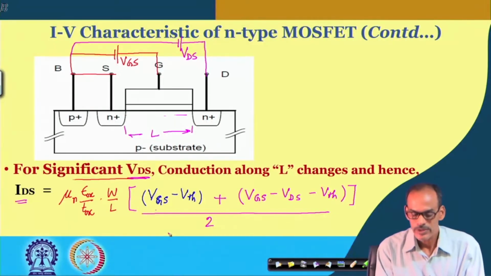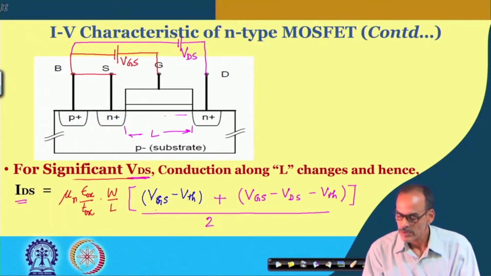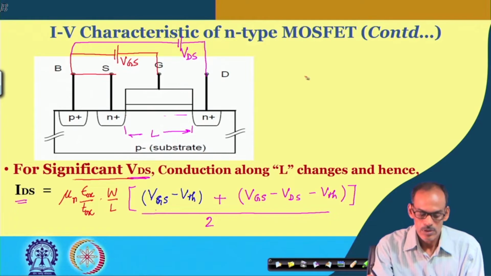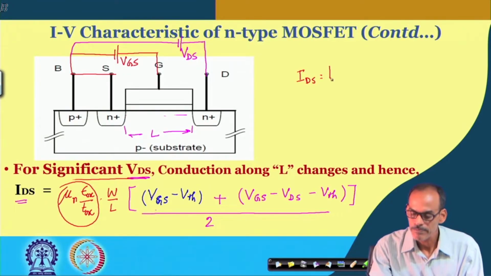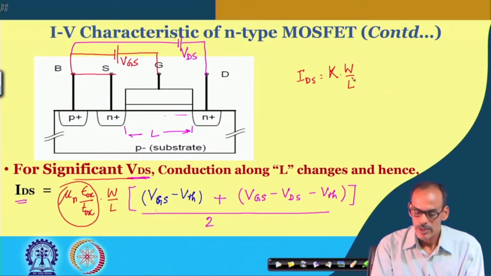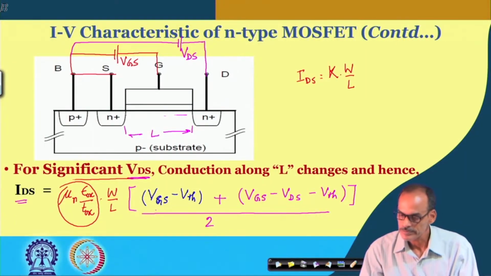So, what we are getting here is IDS, let me write in this space, is this part, let us call this K, and then W by L, and then if you see here we do have 2 VGS and 2 VTH divided by 2, but then VDS is not there.